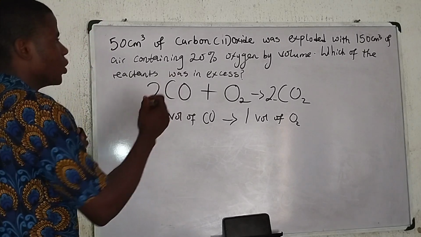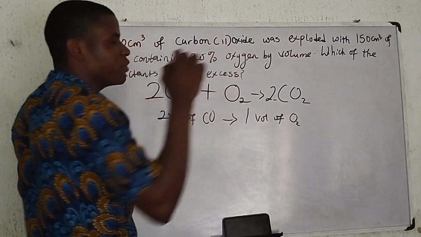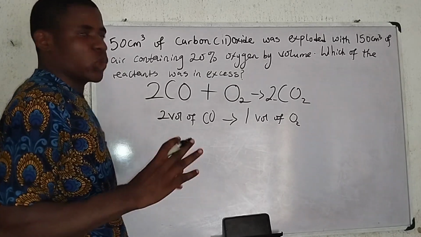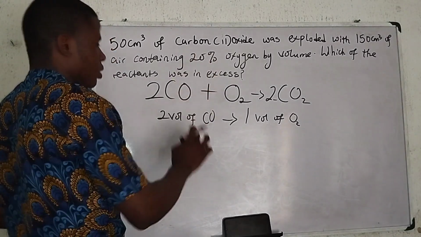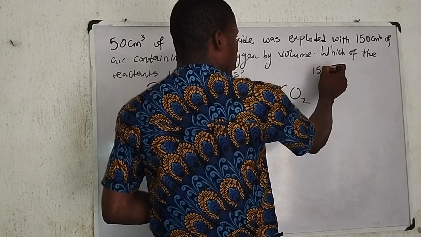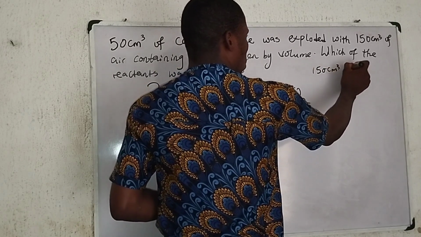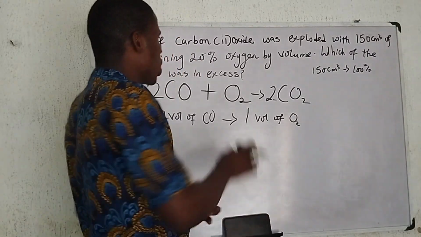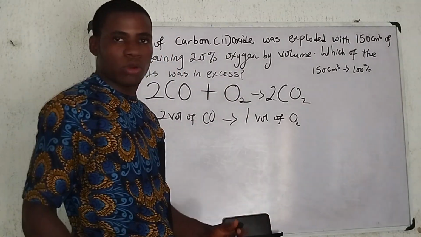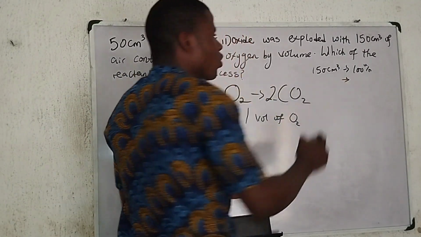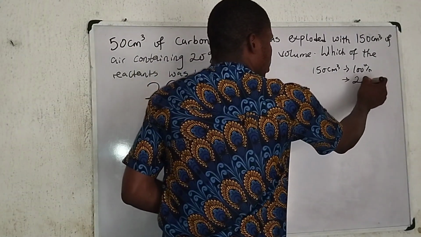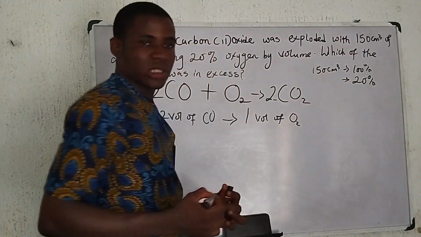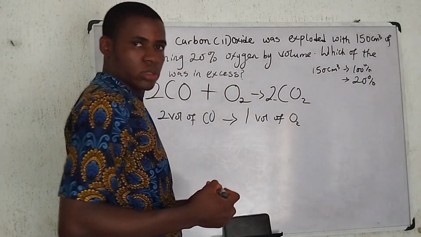Normally, we take the 150 cm³ of air as 100%. Out of that 100%, oxygen is 20% by volume. So what will be the volume of oxygen? Does it make sense?